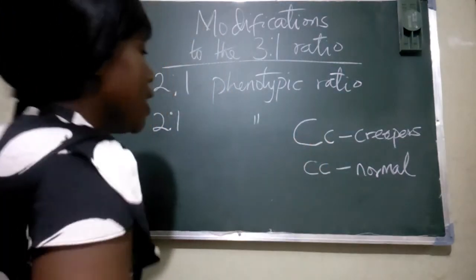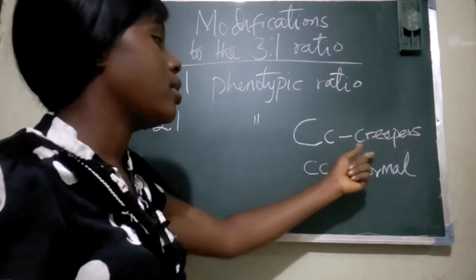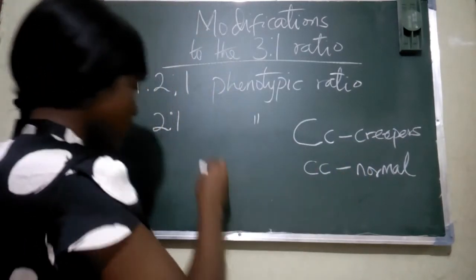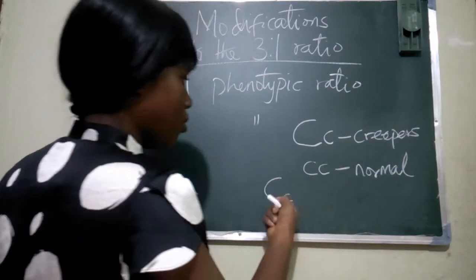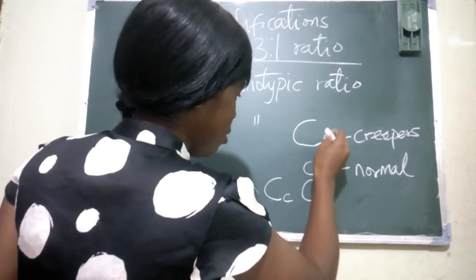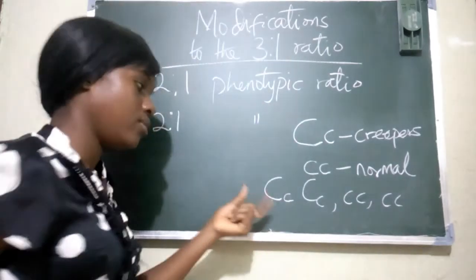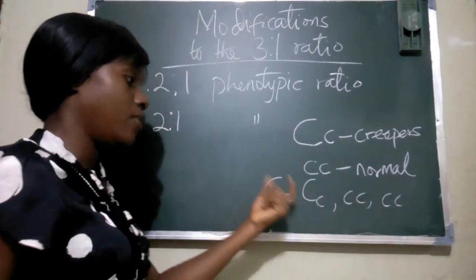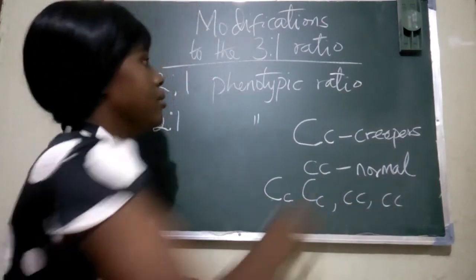Now to show this ratio, you cross a creeper with a normal bird, and this will give you a creeper, another creeper, and that's two creepers, two normal birds. Or if you reduce it to the lowest number, you have one creeper, one normal bird.